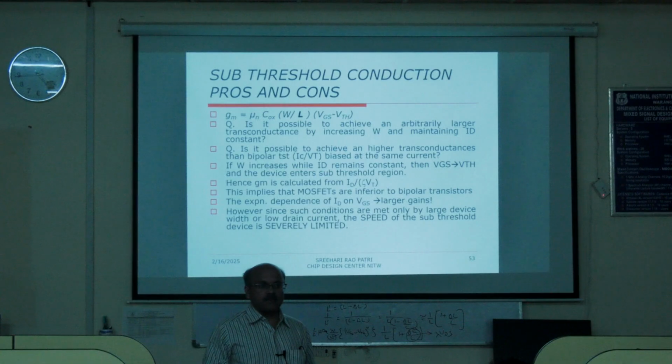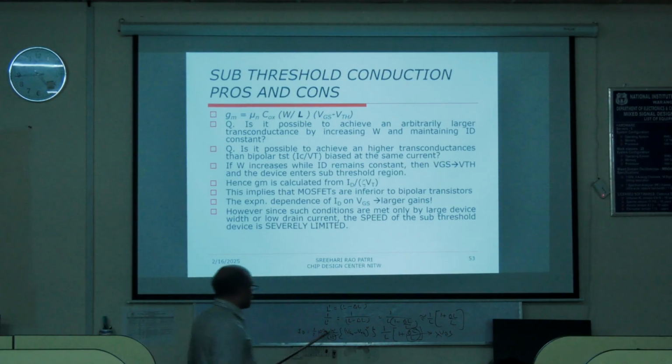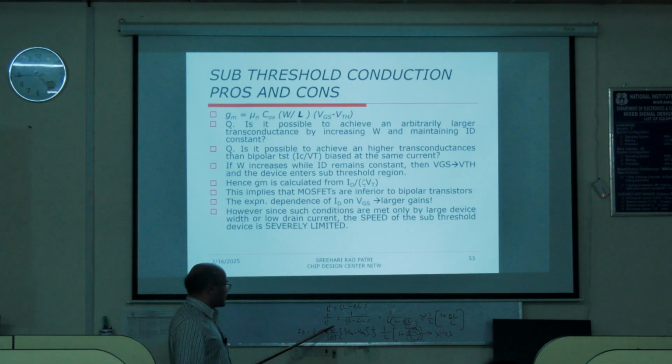So if I try to do that, what should I do? What is the other variable? ID is equal to half mu Cox W by L into (Vgs minus V threshold) whole square. W by L I am increasing, I am keeping ID constant. Therefore, this Vgs minus V threshold should decrease.